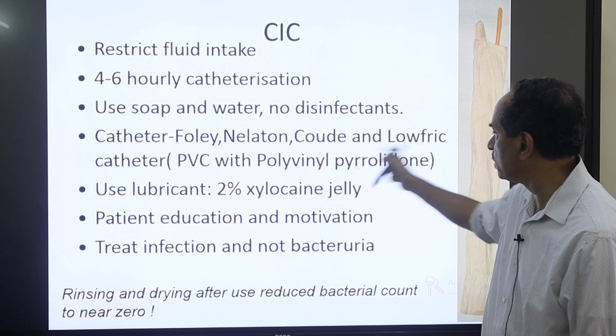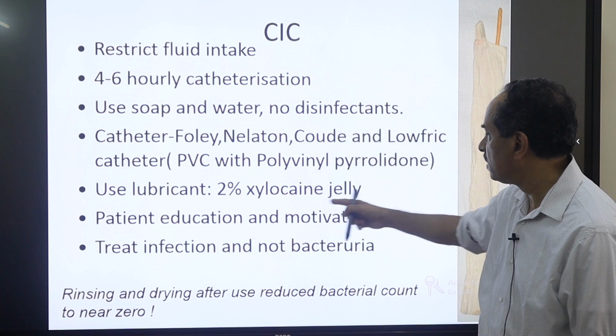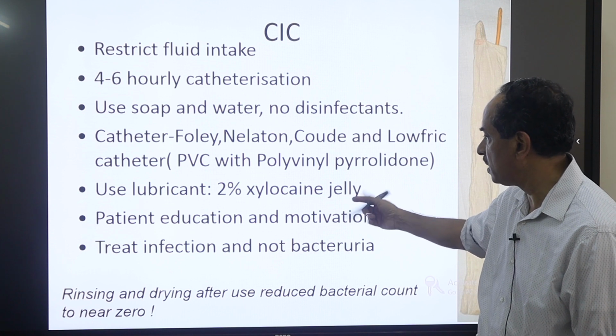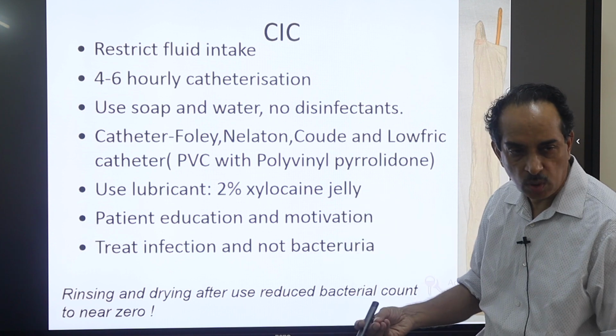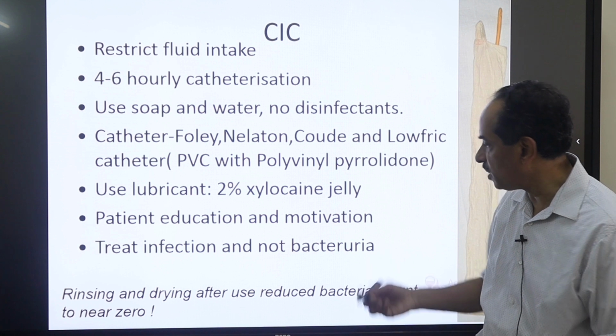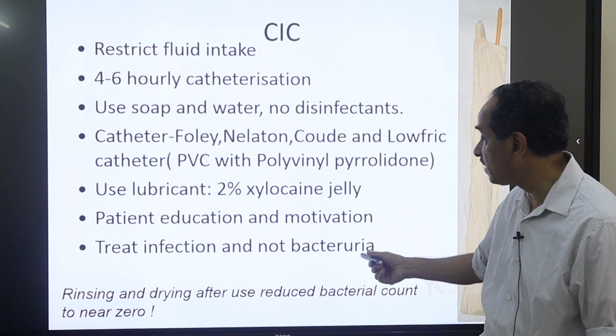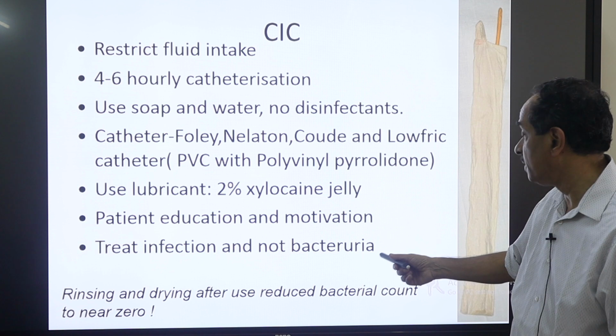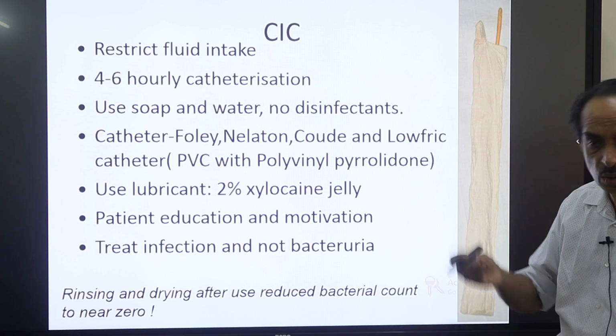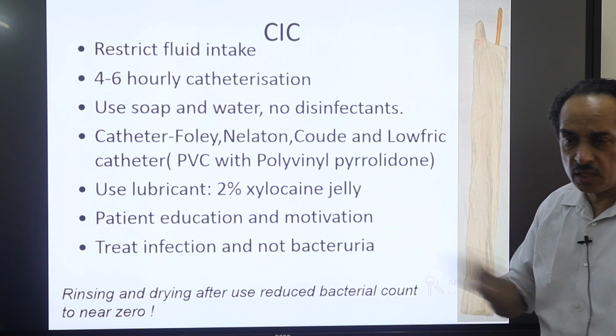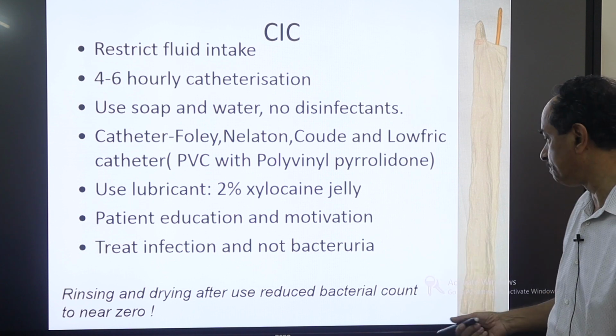Any of these catheters can be used, with a jelly, preferably with some local anesthetic, so that afferents can be reduced. Patient education, and treat infection, not bacteriuria. If you culture any urine with an intermittent foreign body going in and out, there will be some bacteria.